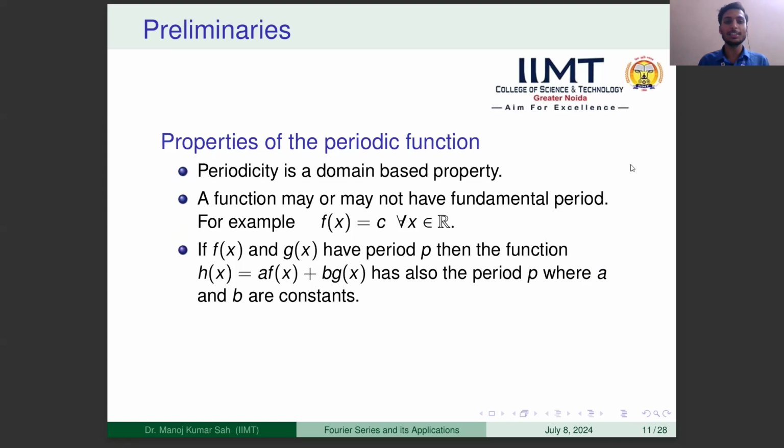We have already discussed that the constant function has no fundamental period, f of x equal to c for all x belonging to the real numbers. Third, if f of x and g of x have period p, then the combined function h of x equal to a times f of x plus b times g of x also has period p, where a and b are constants.